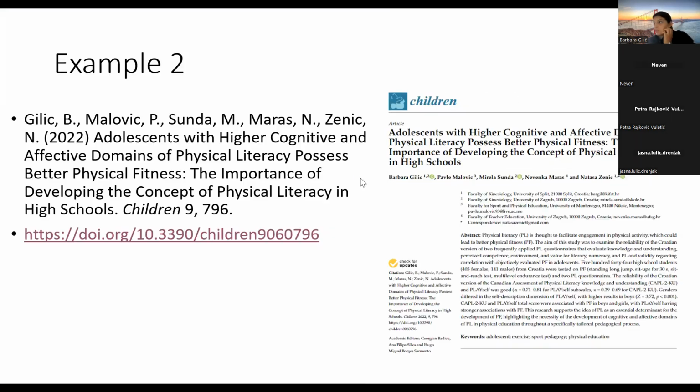So what was known so far about this topic is that physical literacy is the background concept to engage in physical activity, and this engagement leads to better physical fitness, and that's important for the overall health of adolescents.